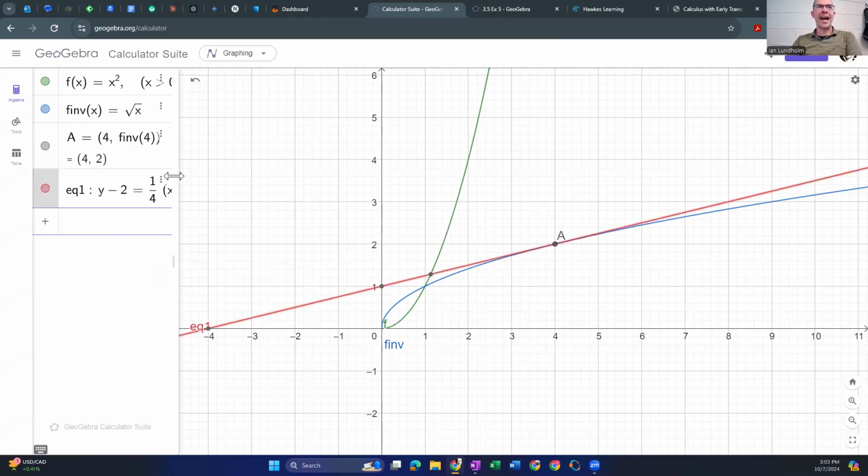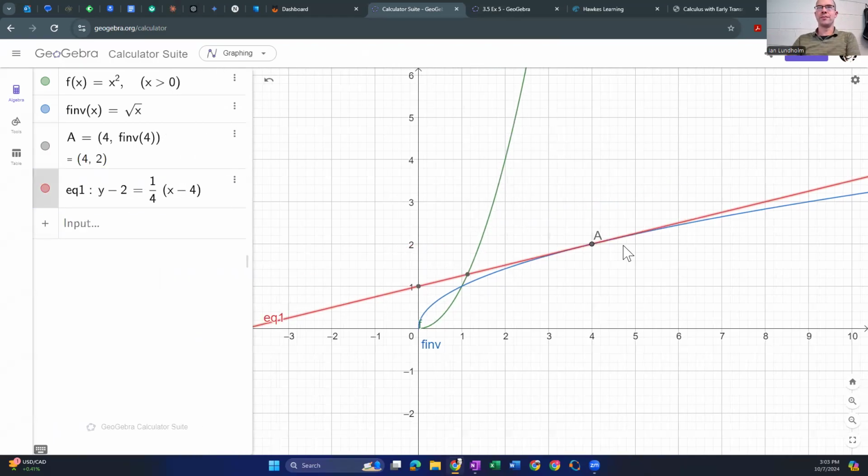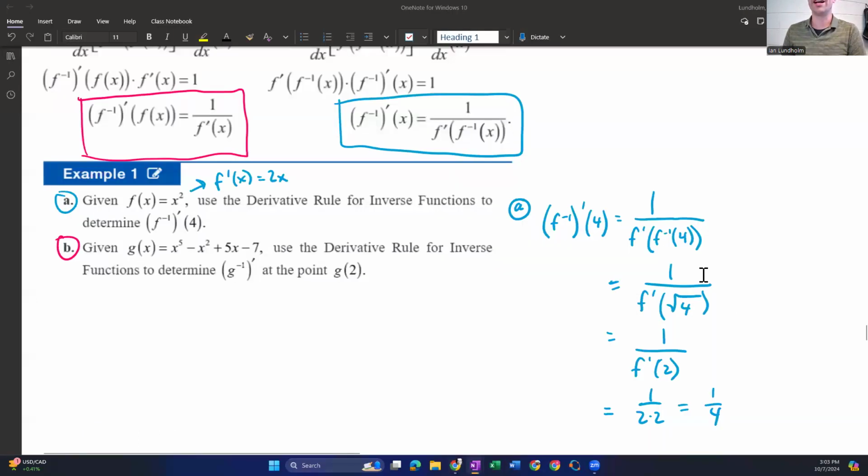That gives us a tangent line for the inverse function. This doesn't feel super useful to me. But we were able to find that slope of 1/4 earlier by utilizing this combination of things.